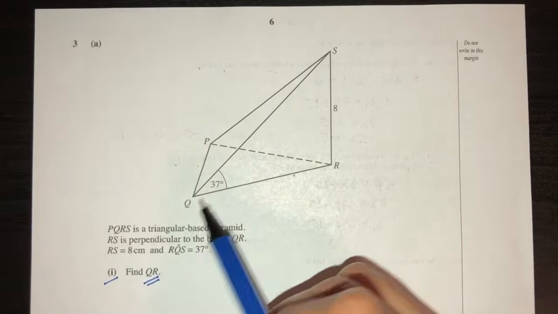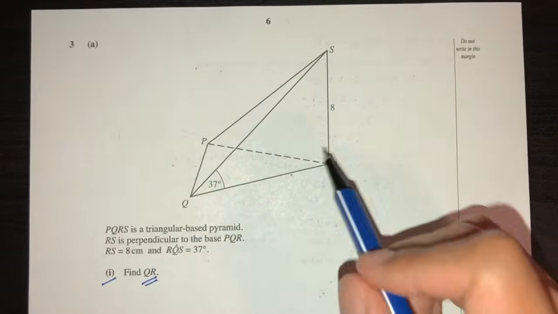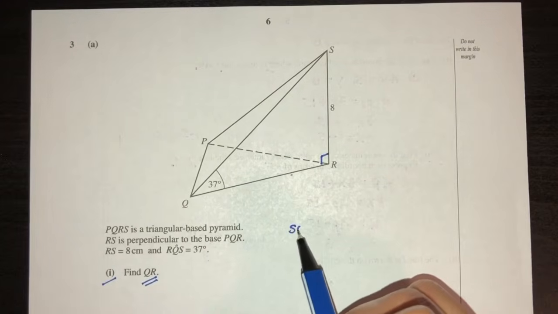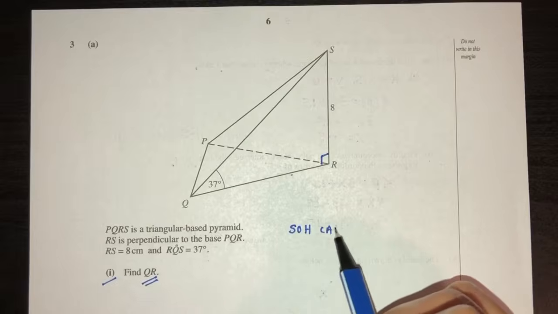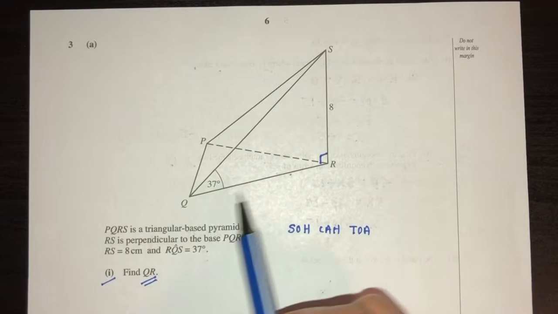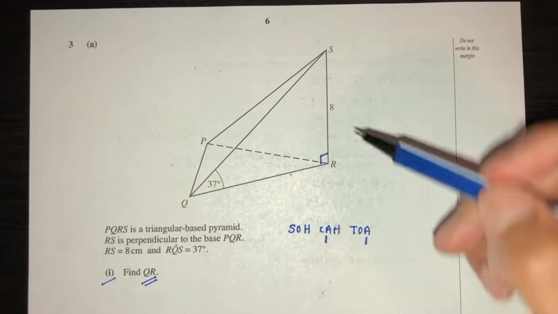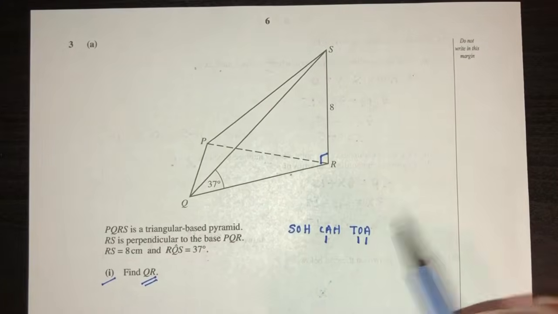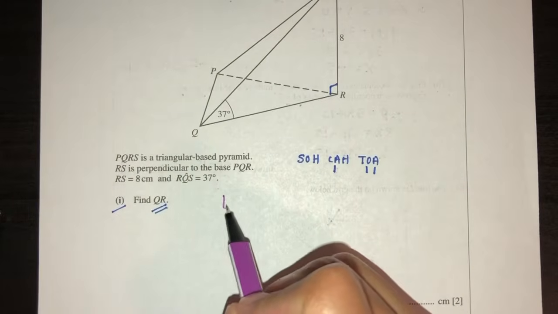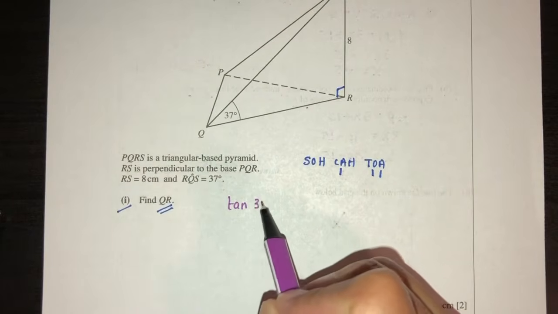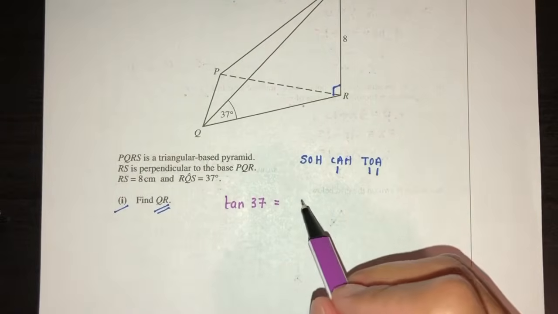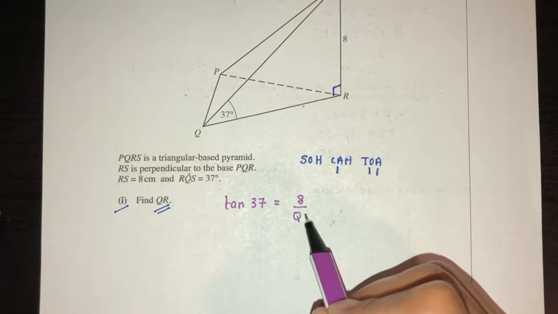So if you observe, we have triangle SQR is a right angle triangle. So we can use SOHCAHTOA, right? So we have to find this side. This will be your adjacent side, and we have been given your opposite side. So in this case, we have to use tan. So tan of 37 is equal to this side, which is 8 over QR.